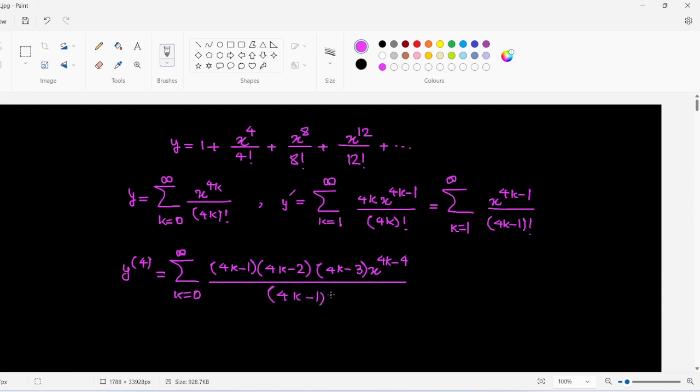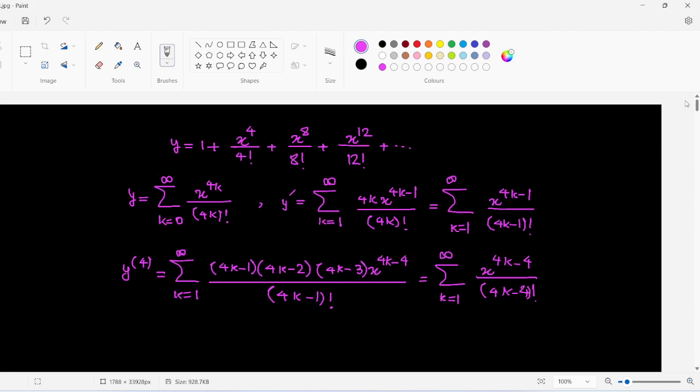And we can write 4k minus 1 factorial as the product of 4k minus 1, 4k minus 2, 4k minus 3 times 4k minus 4 factorial. And sorry, here k starts at 1. So we can simplify the top and the bottom as 1 over 4k minus 4 factorial. So we get the infinite series as k runs from 1 to infinity of x raised to the 4k minus 4 divided by 4k minus 4 factorial.